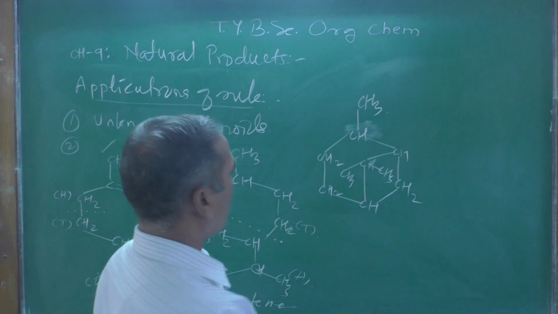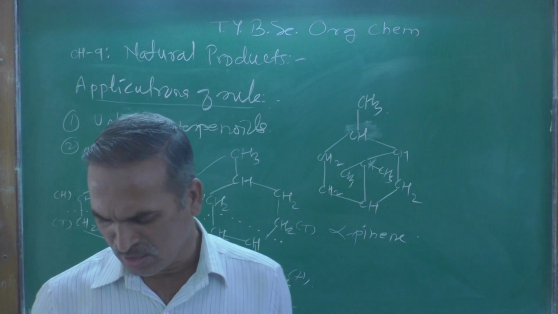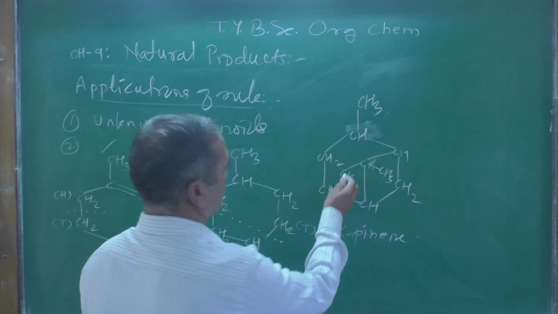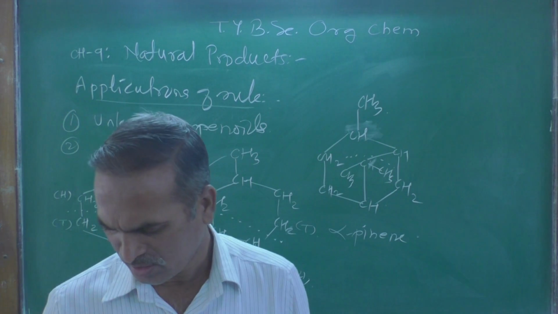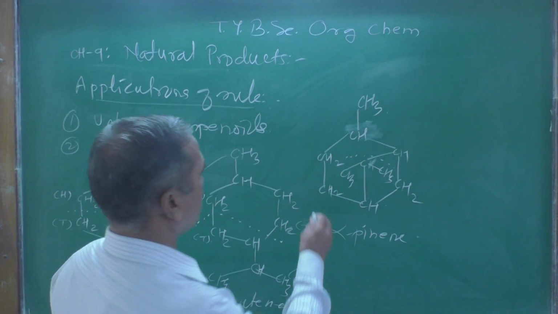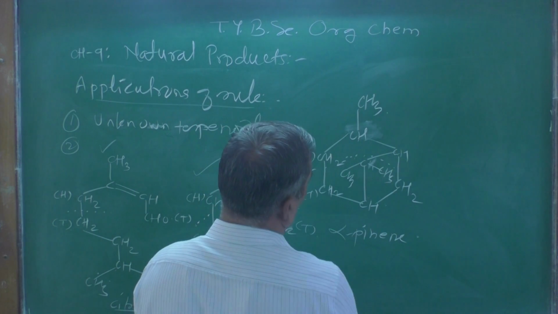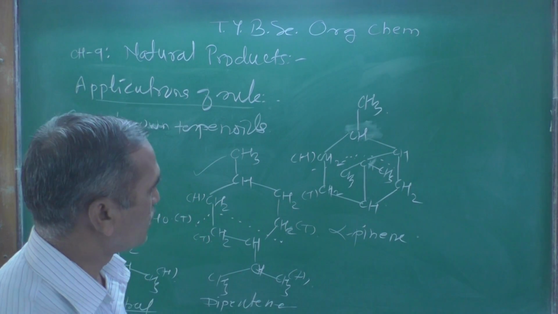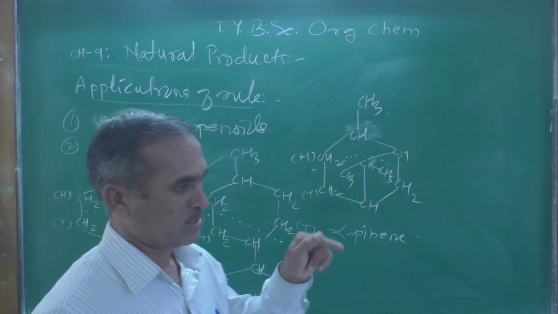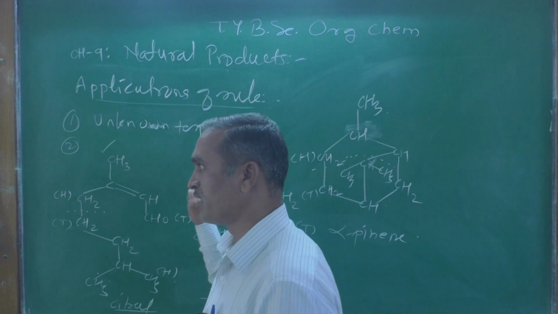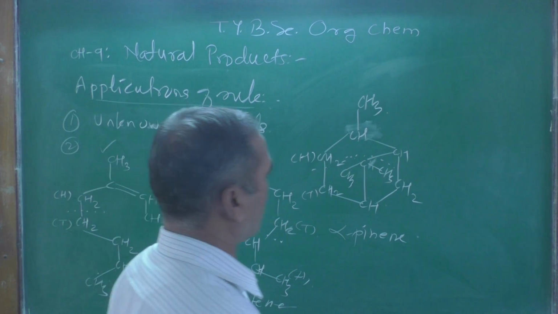This is the structure of alpha pinene, and if you see over here, this is broken like this. Here again is a head, and this we can call a tail. Alpha pinene also follows the special isoprene rule as well as the isoprene rule, and therefore it is a naturally occurring terpenoid. So let us see another example, camphor.